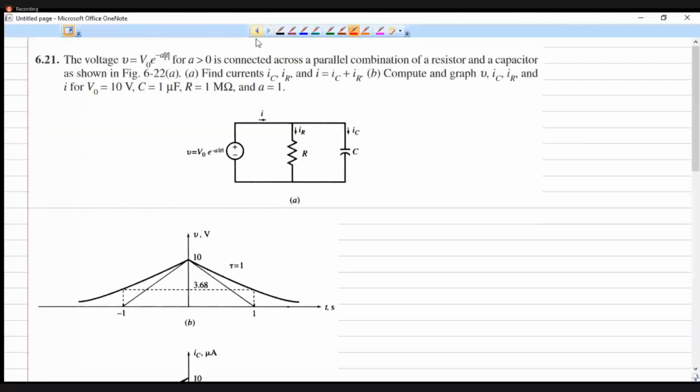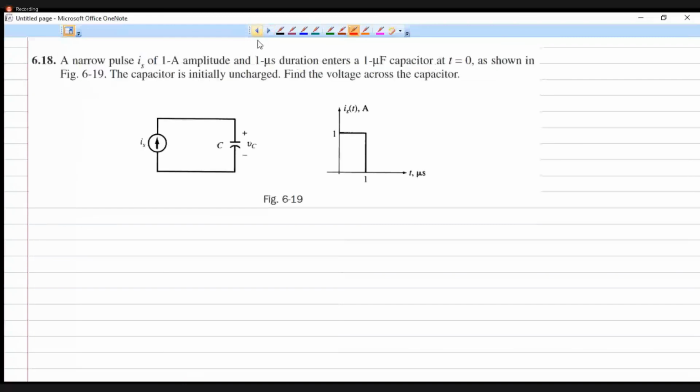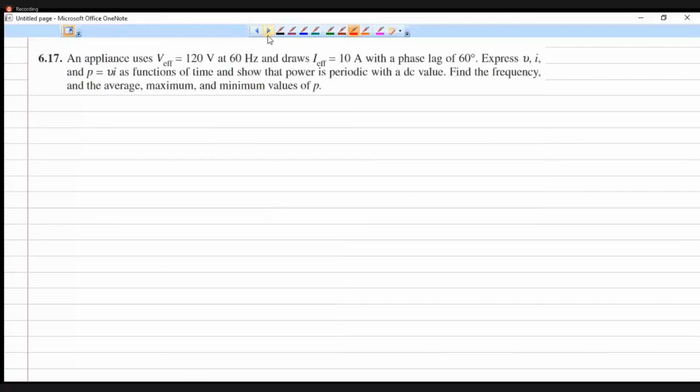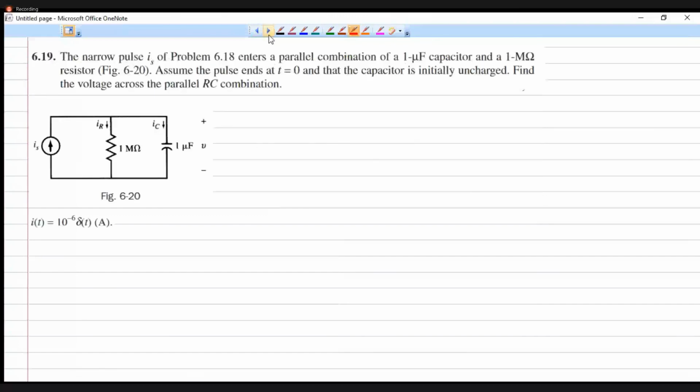In the remaining time, we'll do the remaining numerical problems. Then, if time permits, we will start with the Laplace analysis. It's already 10 past 10.